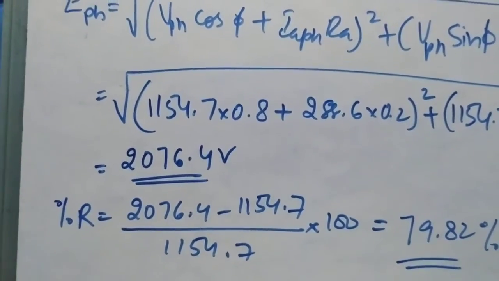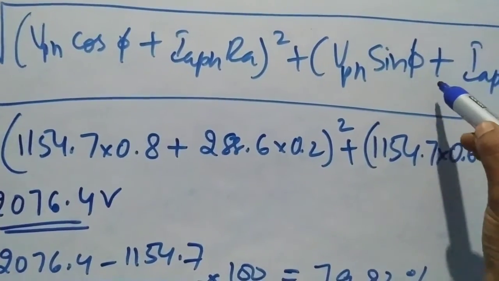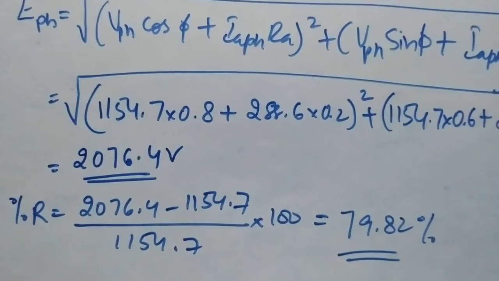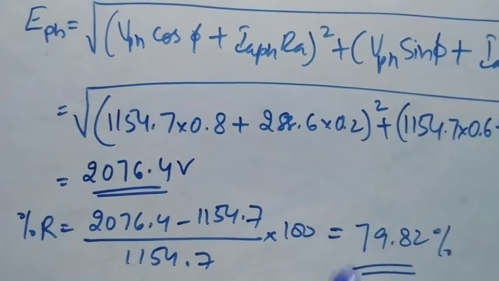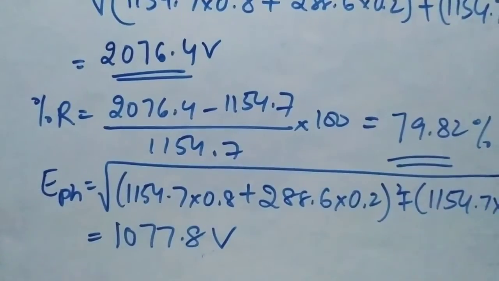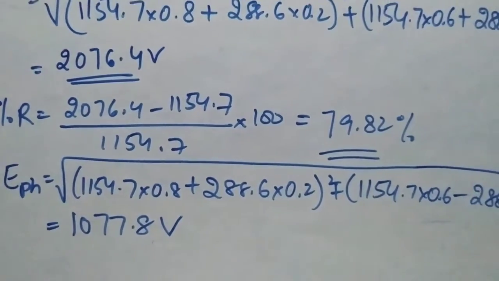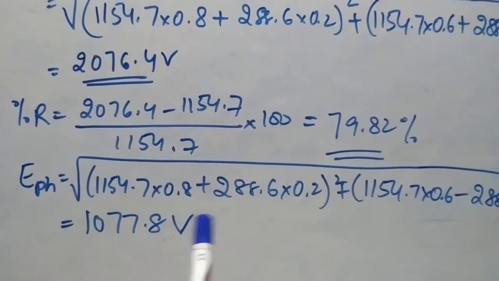Similarly for the leading case, we have to change this sign to minus. Let us solve this by changing the sign to negative. After solving for the leading case, we get the value of E phase as 1077.8 volts.